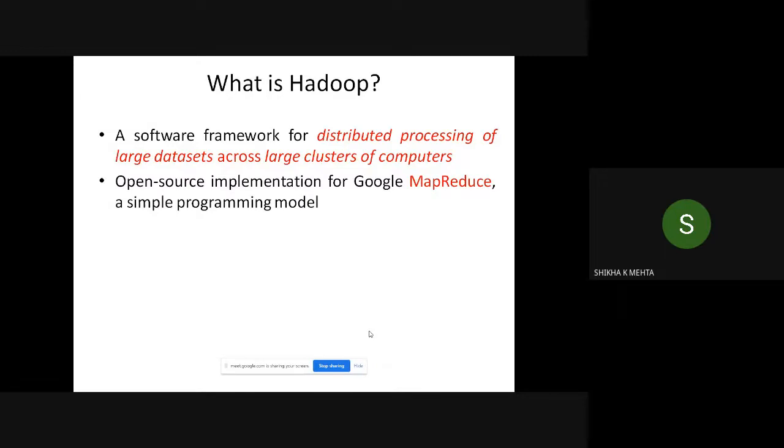During the same era, in 2005, one researcher or scientist at Yahoo was struggling to find a solution to the search engine. He was developing a search engine and trying to find a solution to a similar kind of problem, right? Because when we have to develop a search engine, we have to crawl the data so that it can be indexed. So what did he do?